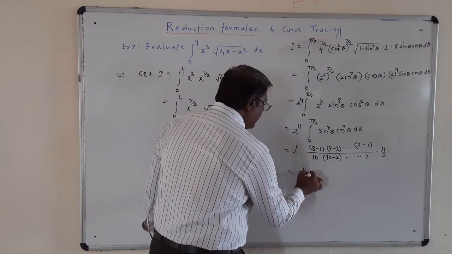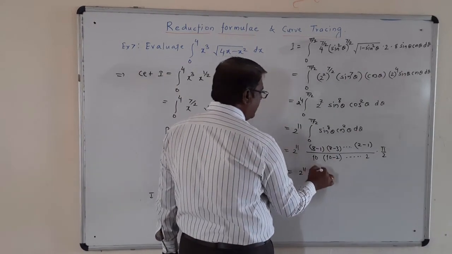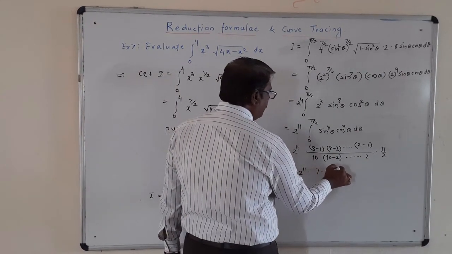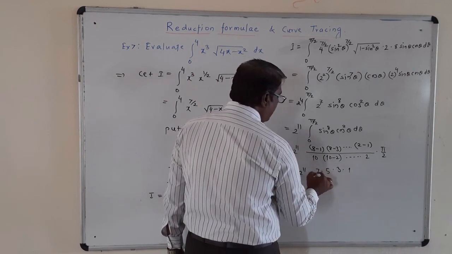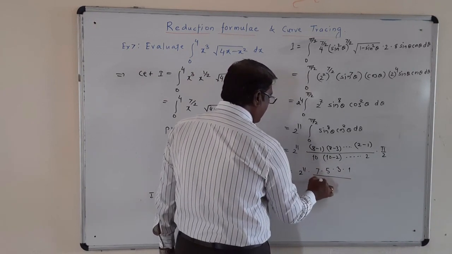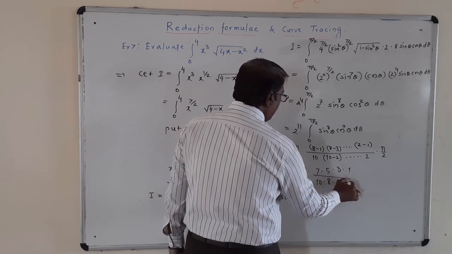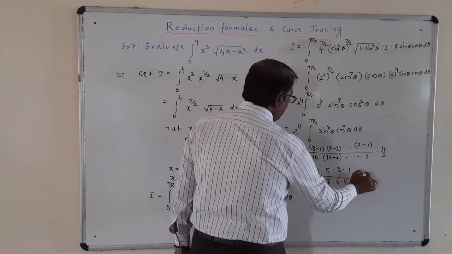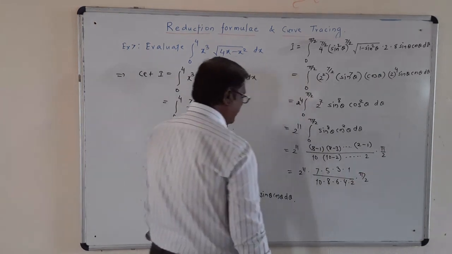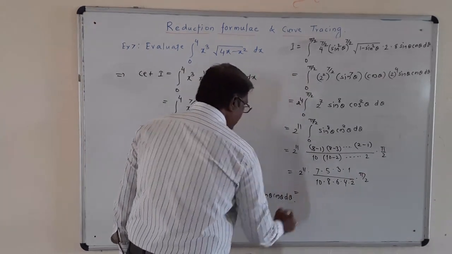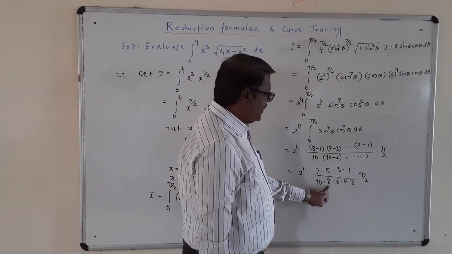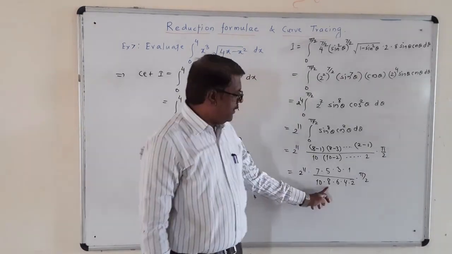And therefore 2 raised to 11 into 8 minus 1, it is 7 into 5 into 3 into 1, divided by 10 into 8 into 6 into 4 into 2 and into pi by 2. Now when I simplify this, 8 can be written as 2 raised to 3.